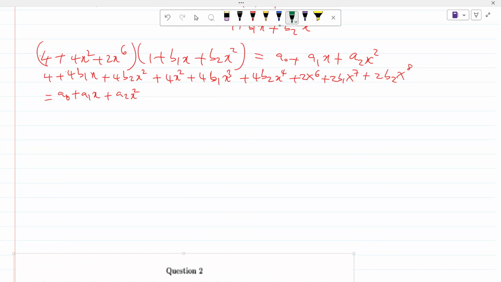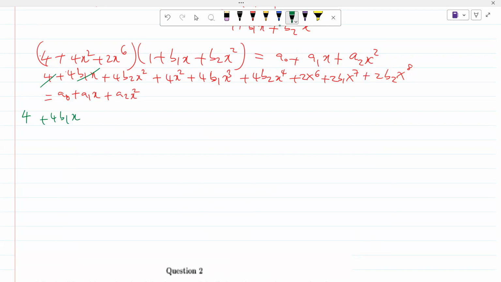The only constant term on the left is 4. And the linear term is 4b1x, and it's the only one, because there's no other x term on the left.